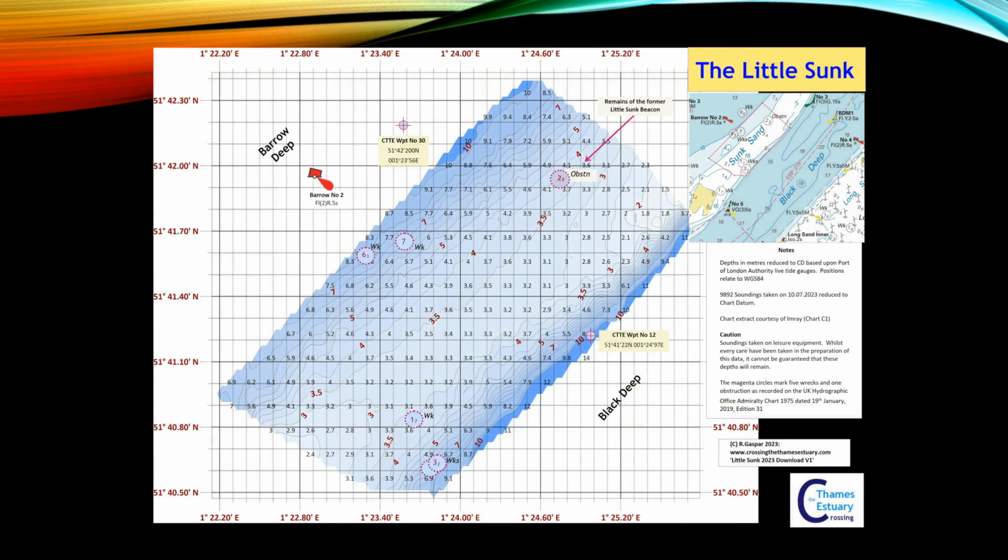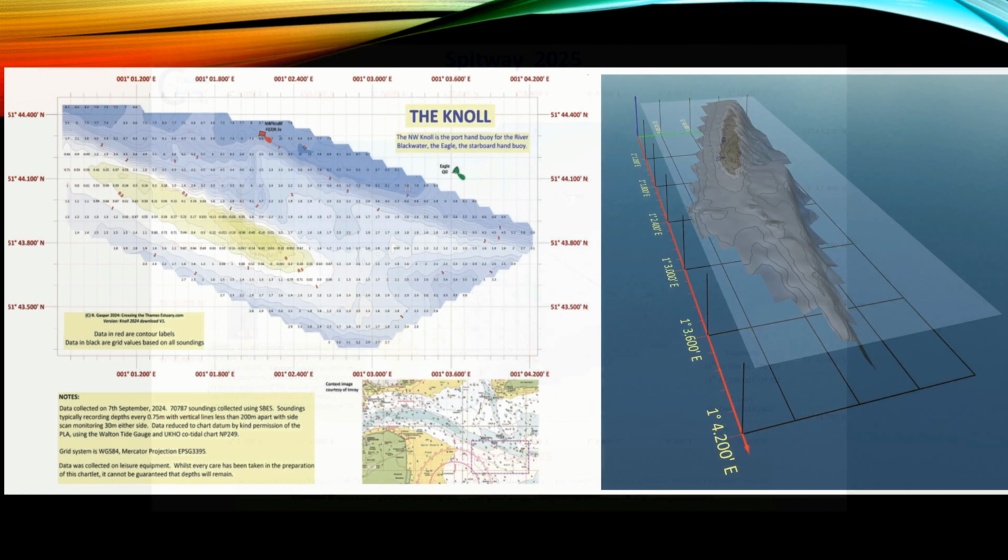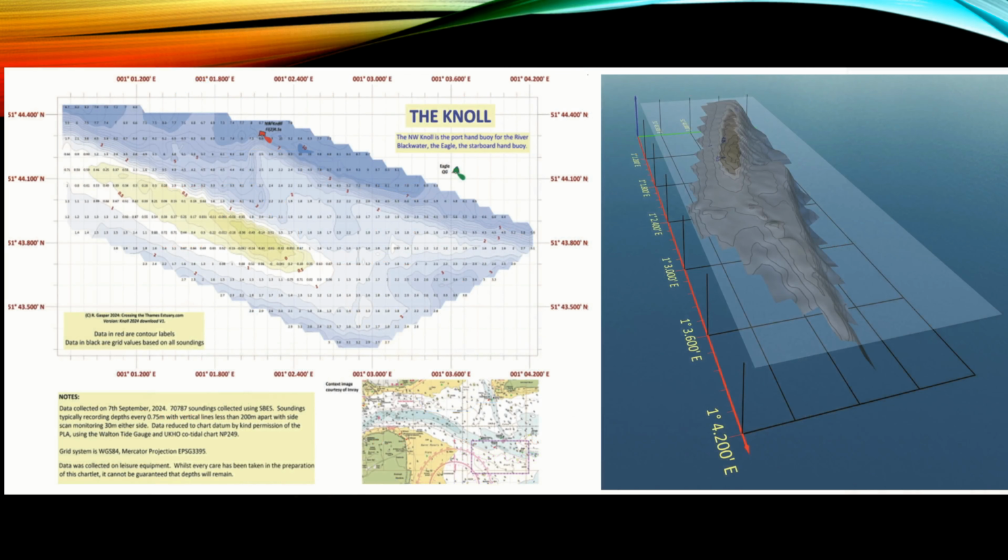A crossing point right in the middle of the Thames Estuary over what is known as the Little Sunk. One of the most shallow swatchways in the Thames Estuary, the Spitway. And finally, the knoll, and here is how we can illustrate the 2D and the 3D together, hand in hand, to add better visualization to the users.